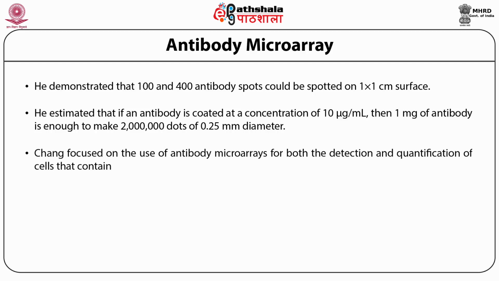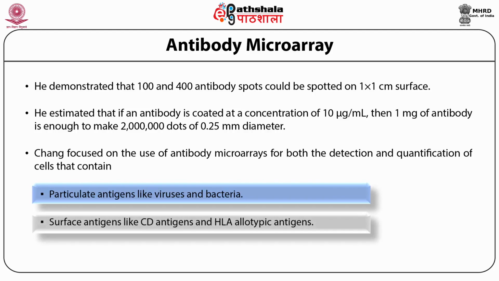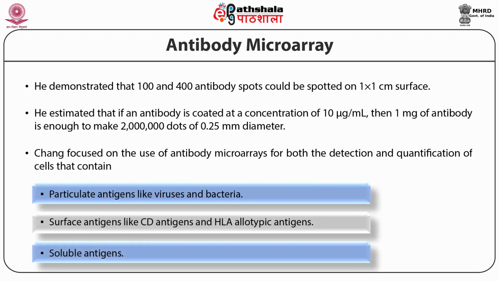Chang focused on the use of antibody microarrays for both the detection and quantification of cells that contain surface antigens like CD antigens and HLA allotype antigens, particulate antigens like viruses and bacteria, and thirdly, soluble antigens.